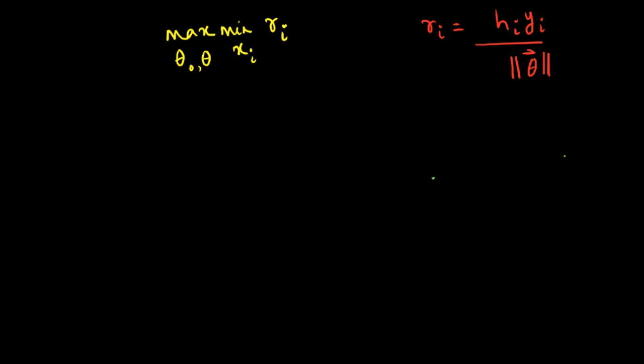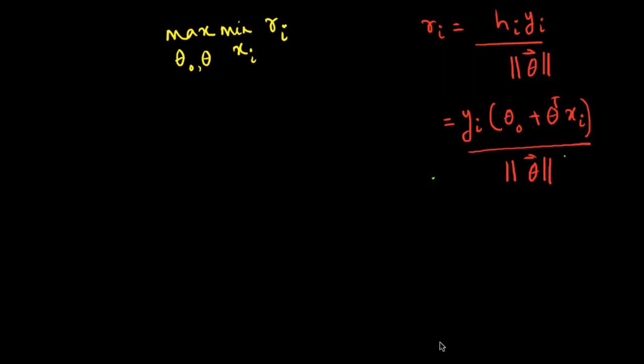So essentially what we want to work with is this quantity, and if we expand this quantity, what we have is that this is equal to Yi into theta 0 plus theta transpose xi divided by norm of theta. So now as you can see, if we scale our model parameters theta and theta 0 by the same scalar quantity, it would make no difference to this ratio, because if we multiply the numerator by beta and the denominator by beta, that would just cancel out.